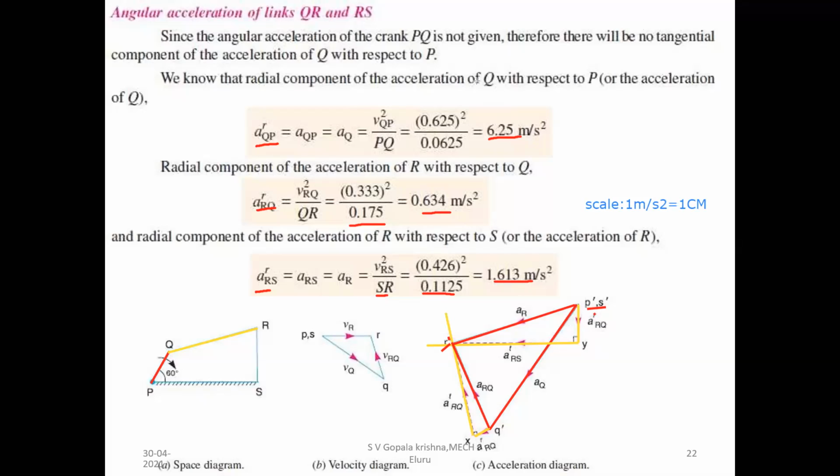That is mistaken here. So ARRS is there, ATRS is there, and ARRQ is there, and ATRQ is there. Those are all identified with the help of the acceleration diagram.